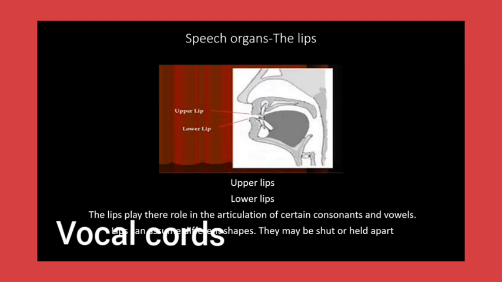My dear students, lips can assume different shapes. They may be set or held apart. When the outgoing air is stopped with the help of two lips, which sound is produced?